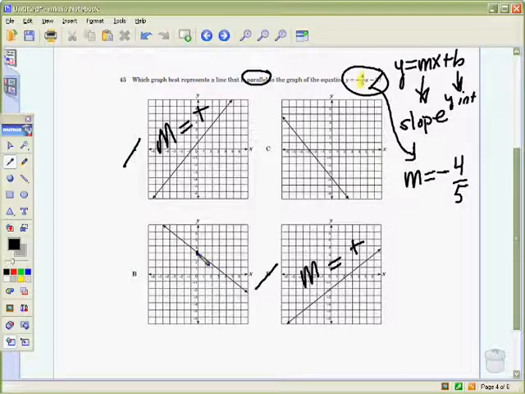And we'll travel up the line and find the next point. I don't see one there, so I'll travel down the line to find the next point, and it looks like it's right there. So I want to count the rise over run. Remember, slope m is rise over run.